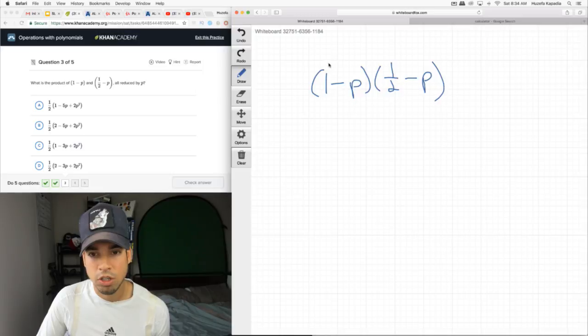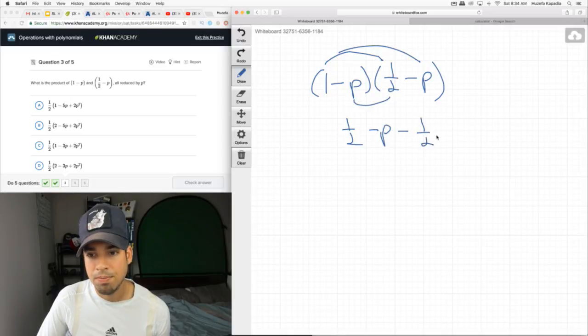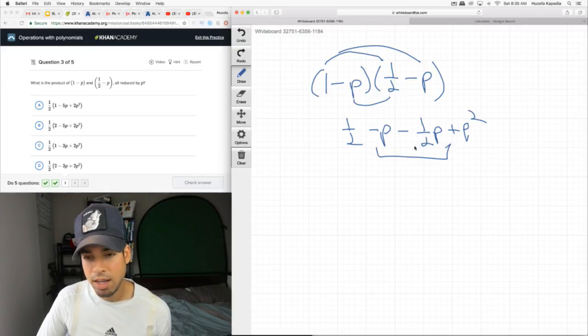Product is always multiplication. Let's distribute. We get 1 times 1/2 minus p minus 1/2 p. Negative p times negative p plus p squared. These are like terms. So it's a negative 1 and a negative 1/2. So it's negative, let's say 3/2 or 1 and 1/2 p. Like this. Plus p squared.